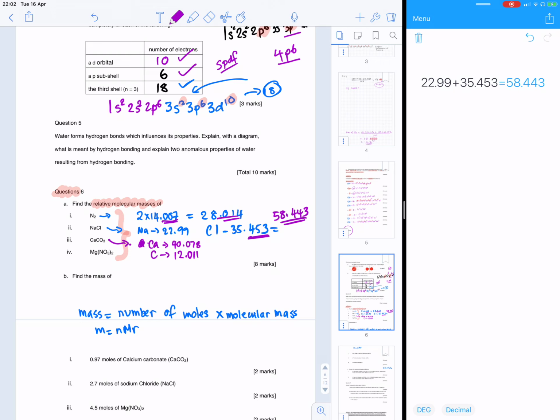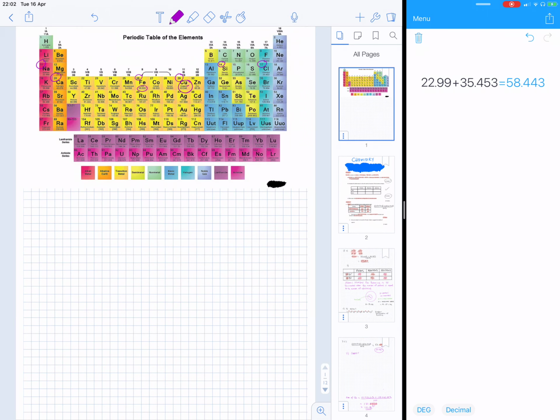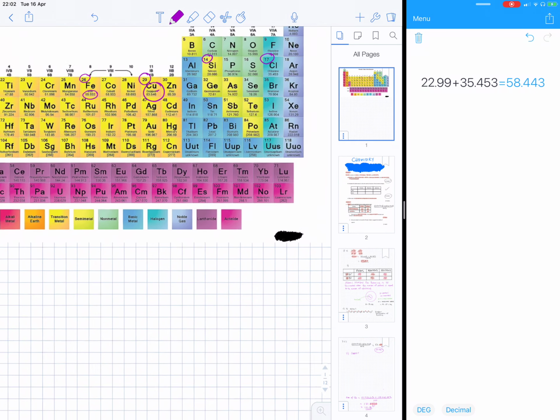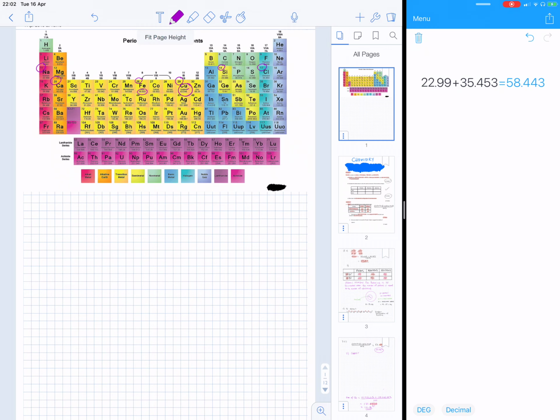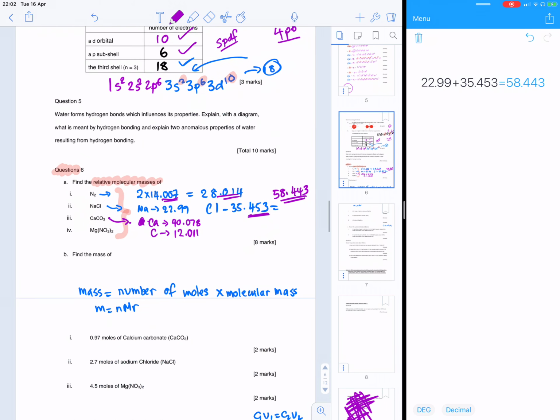Then we've got 3 oxygens. Okay, so be careful there. We've got 3 oxygens, and each oxygen is 15.999. So I've got to multiply this one by 3.